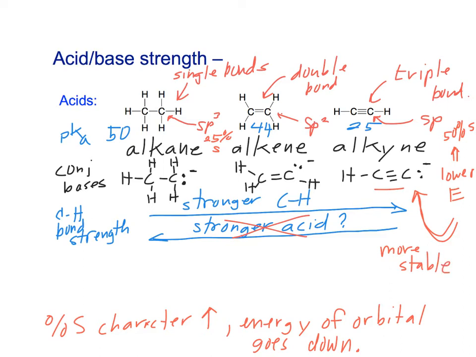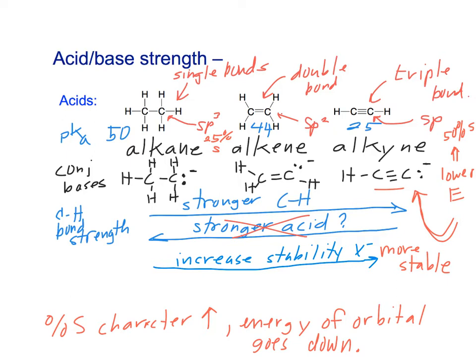Okay, so let's write it out down here. So we're going to be increasing stability of the conjugate base, just write X minus for the conjugate base, gets more stable going to the right.